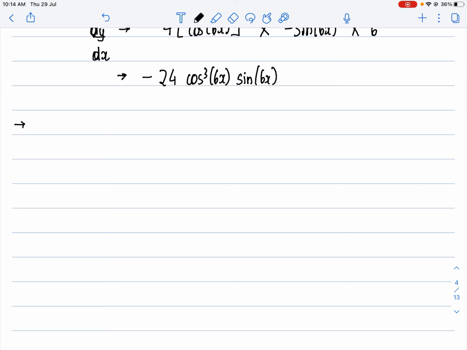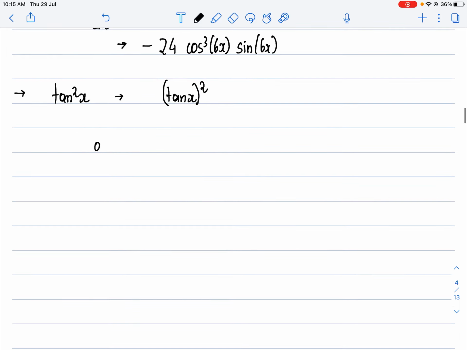Okay, so let's say I have something like tan square x. What is the differentiation of something like this? First, you can write this as tan x the whole square. Now, I have my dy by dx. Correct? The differentiation of tan x the whole square. First, I have the 2 here. Correct?